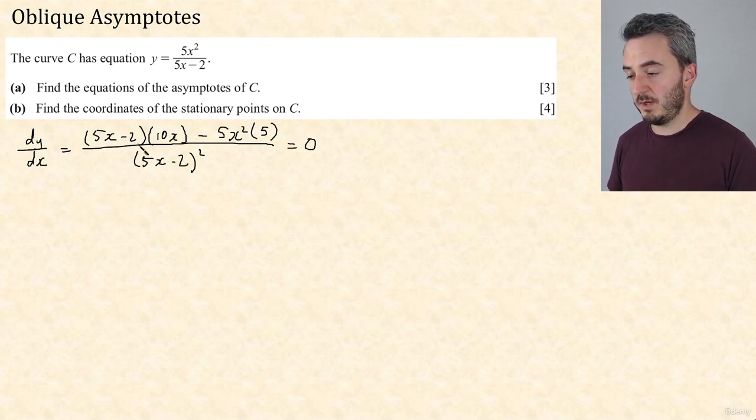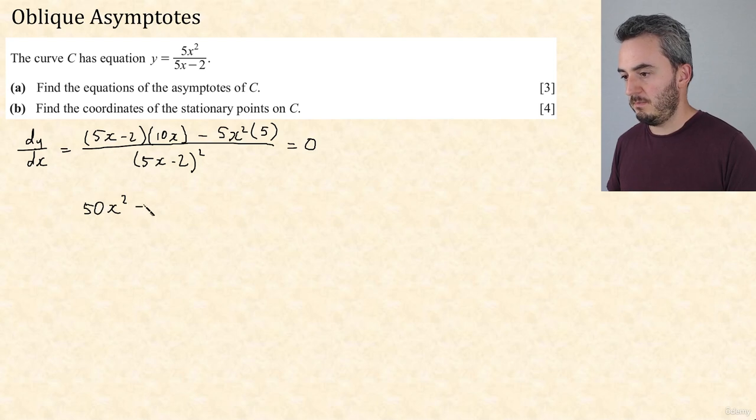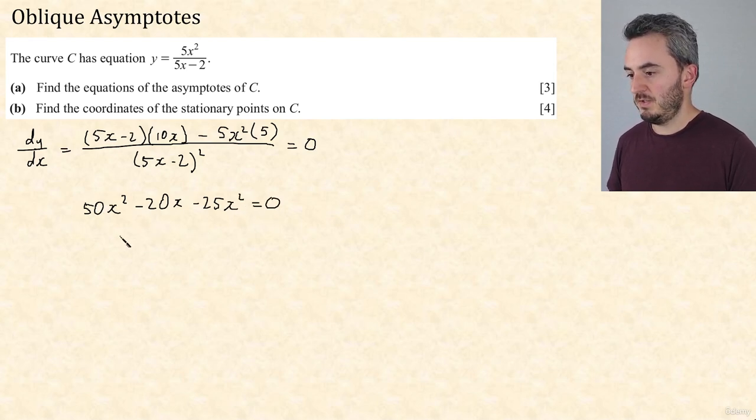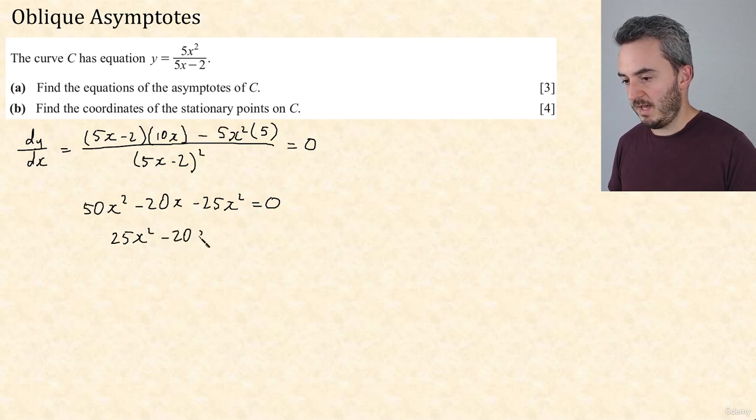Looking at this, this is just going to be a quadratic. So let's just expand that numerator. 5x times 10x is 50x squared, minus 20x, and then minus 25x squared. And all of that should be equal to 0. So we're getting 25x squared minus 20x equals 0, and then solving that we're getting x equals 0 and x equals 4/5.